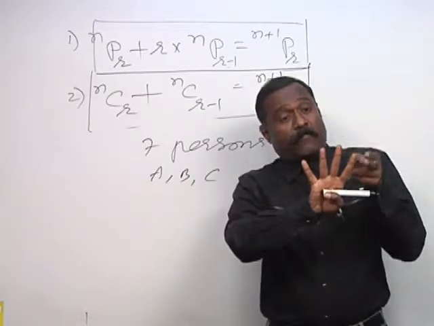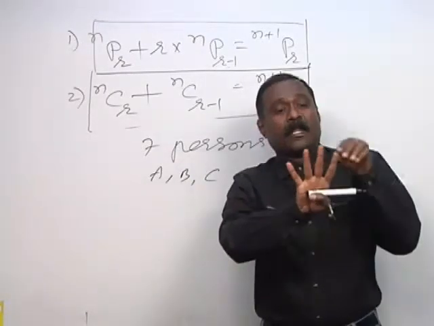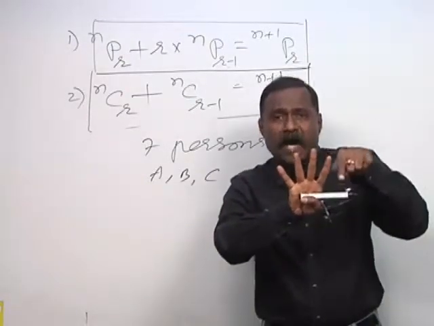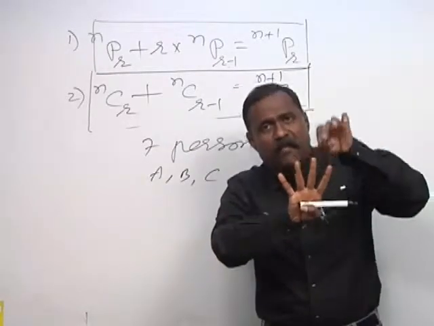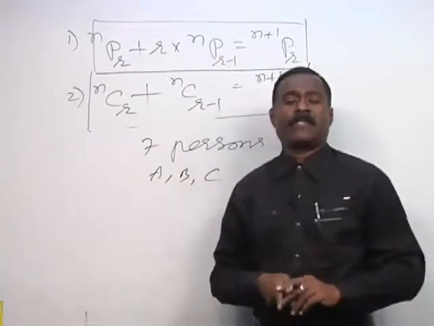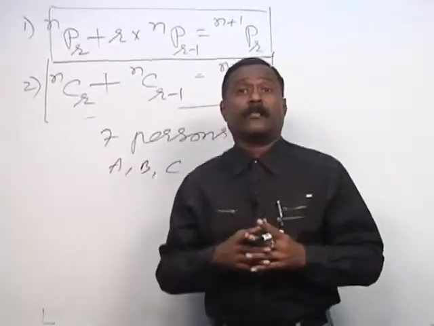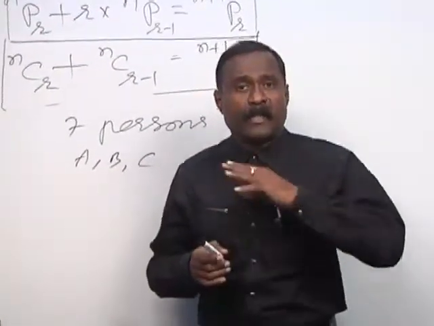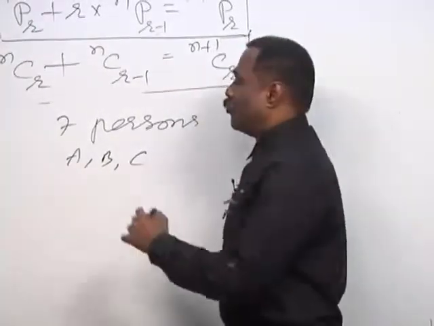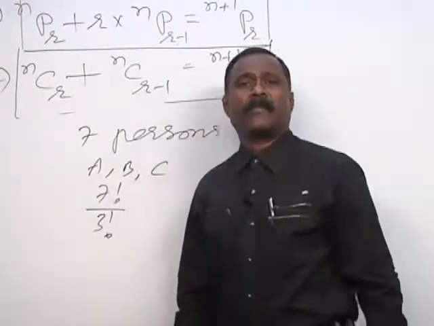And if A, B are placed, C must have a place behind B. That means A, B, C can be placed anywhere in these blank places, but they must speak in such a way that A speaks before B and B speaks before C. Whenever you come across this type of problems, understand that the order of 3 persons is not to be considered. What does it mean? Then 7 factorial upon 3 factorial. Understand, very simple.